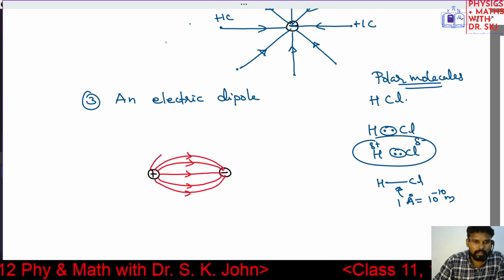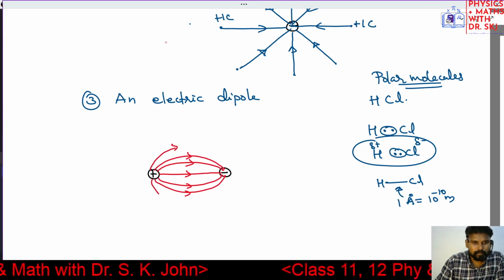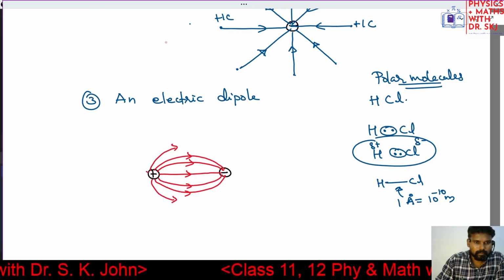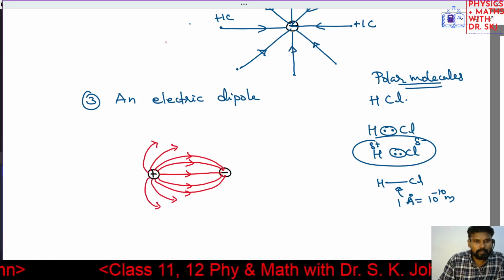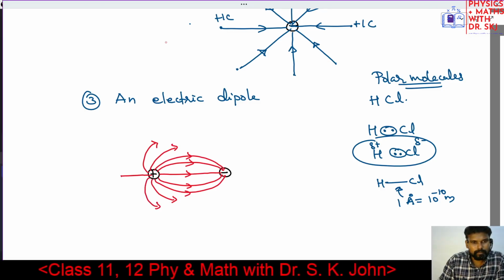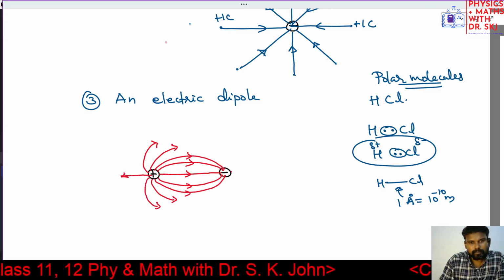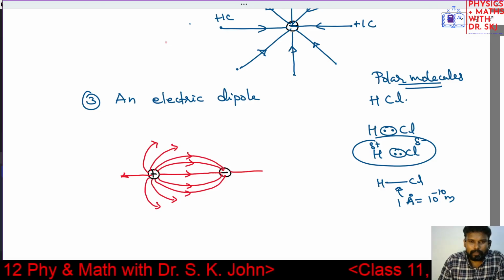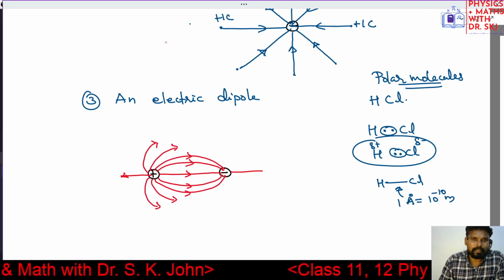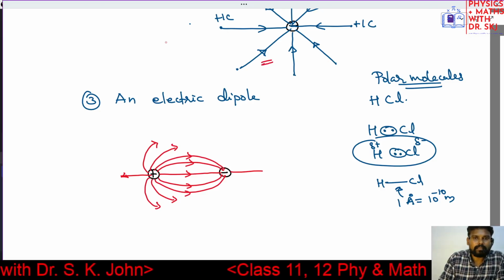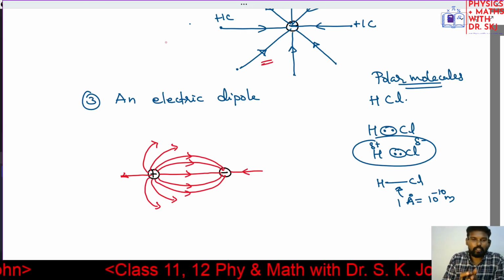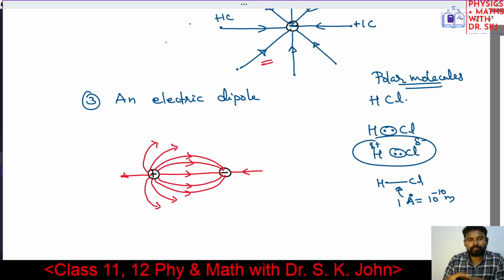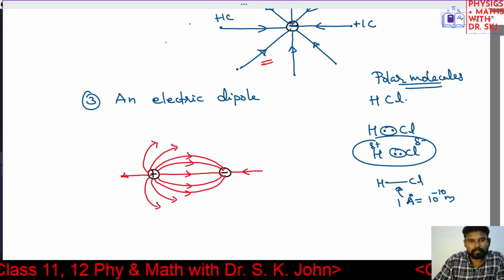Okay, the field is attractive here. The field is attractive. That is why it bends towards the other charge. When you put arrows on the side of the negative charge, you have to put the arrows into the charge, because for a negative charge the field is into the charge. For a positive charge, it is away from the charge.